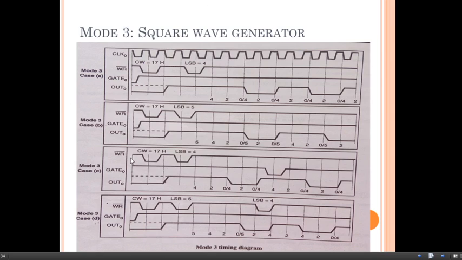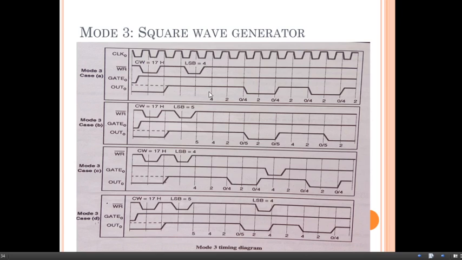Again here we have different cases. First, two writes are required, one for initialization of the counter, another for loading operation. When the counter is initialized in mode 3, the output is made high. Here we can observe the counter is loaded by 17H, then the output is made high. When the data is loaded in the counter, now that data value is 4, the counter starts counting.